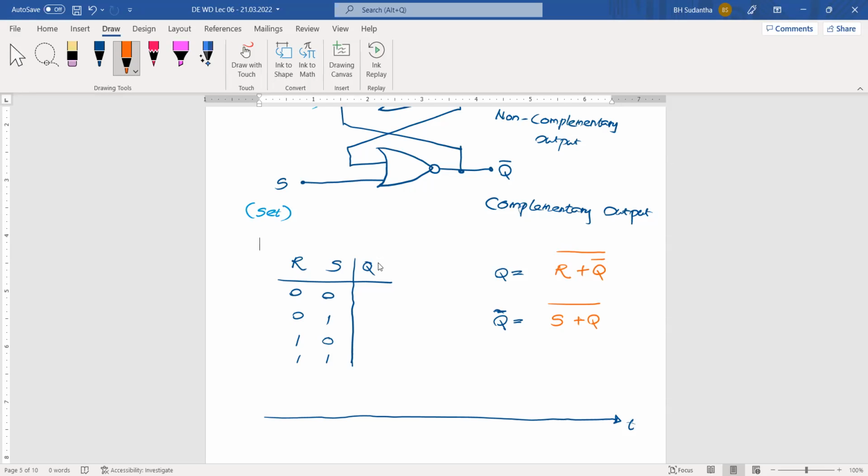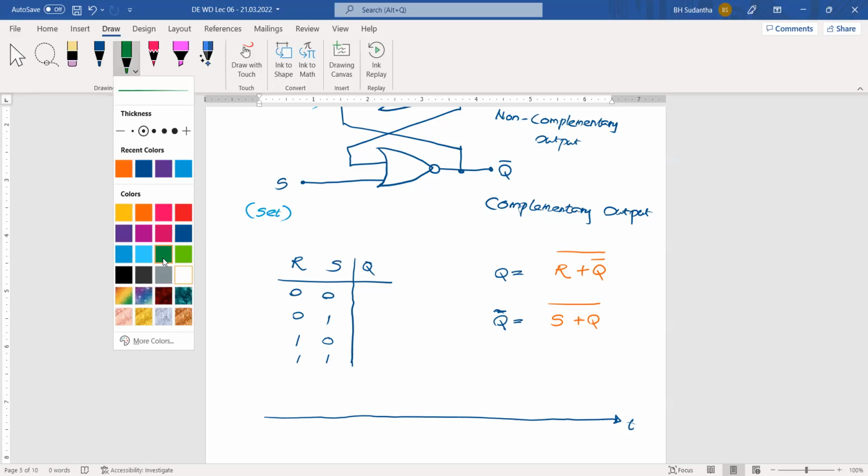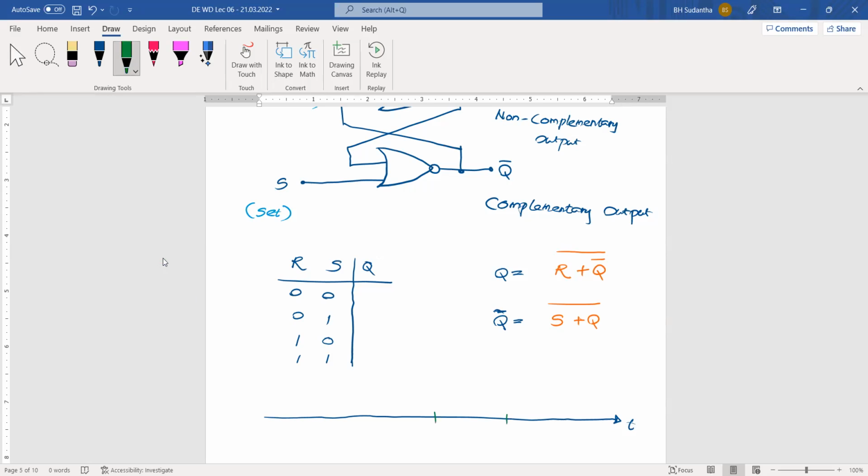We have to carefully understand this timeline. We have three things here. This is the present Q. Then we have the previous output value, that is the previous Q, and the next Q also may be there.